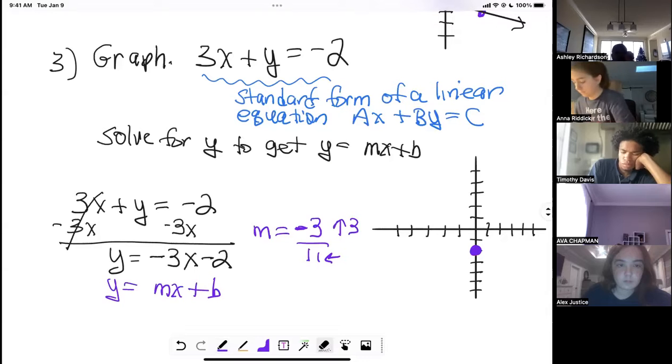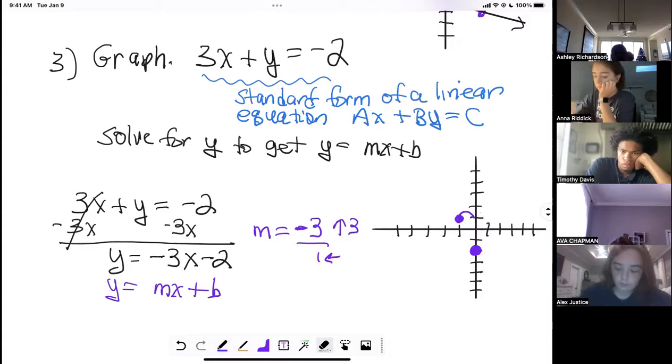I don't know why I got that there. I had an extra one. Okay, so then I'm going to do my little squiggly line so you can see it. So I'm going to go up 3, whoops. 1, 2, 3, and I'm going to turn left 1 because it's negative, and I'm going to put a point.